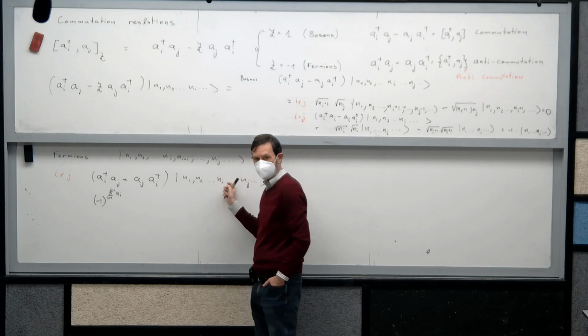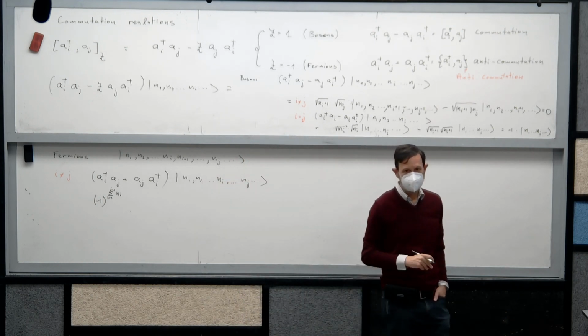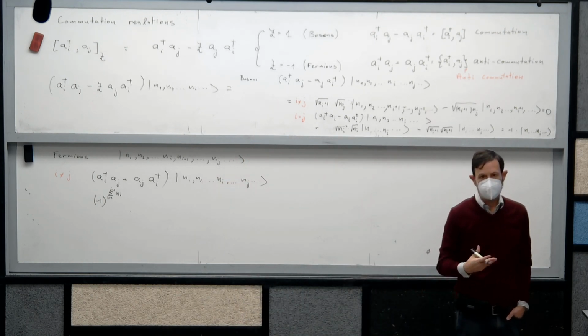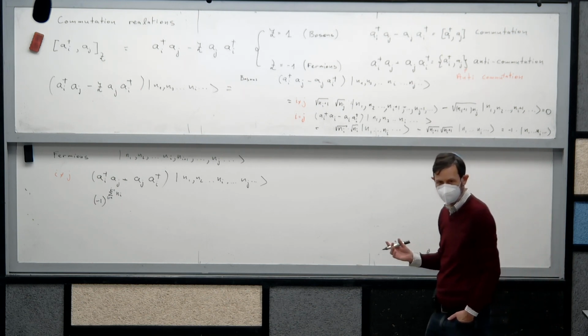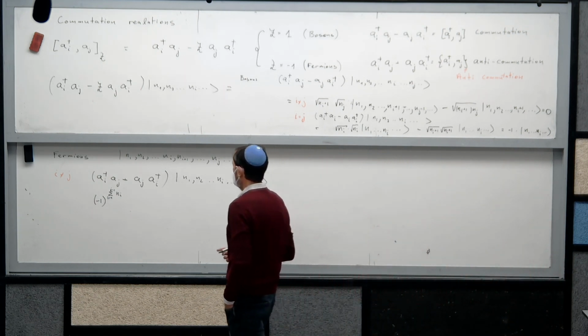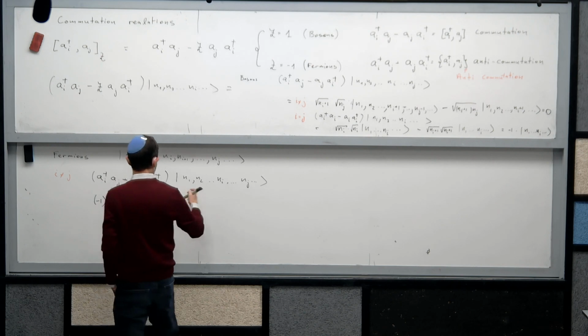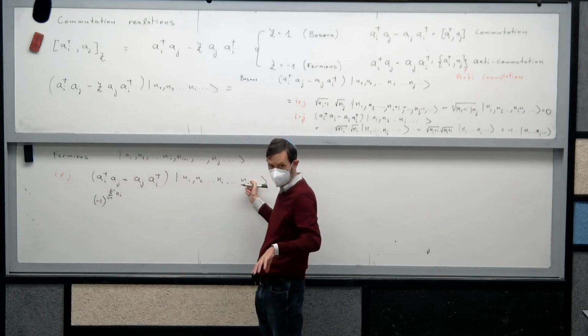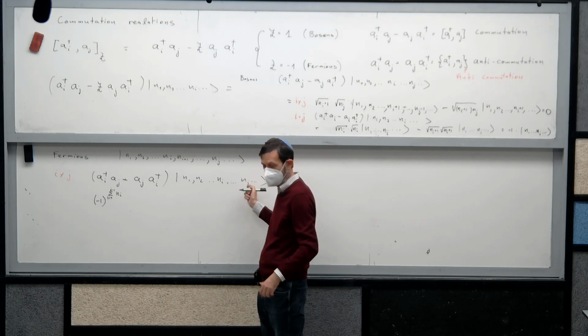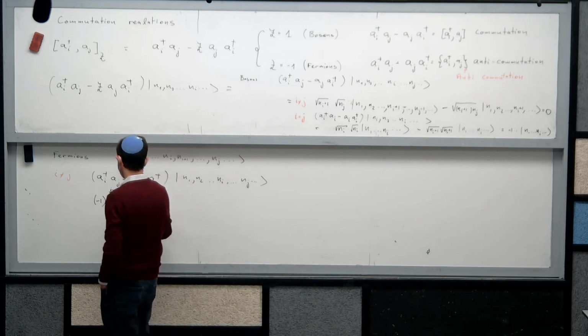I sum up all the numbers here. If I have an even number, it's 1. If I have an odd number, it's minus 1. Okay. n_i comes in this case before n_j. Could have been otherwise around, but who cares at the moment?